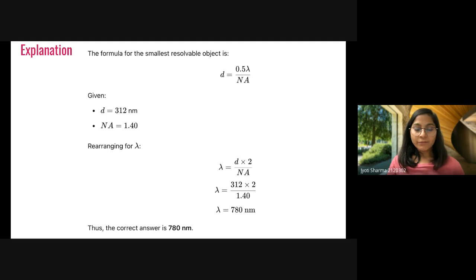We have the distance, 312 nanometer, and we also have the numerical aperture, 1.40, and that's how we can calculate the wavelength. Just put the value here, and that wavelength will be 780 nanometer. So this is how you can estimate the wavelength.